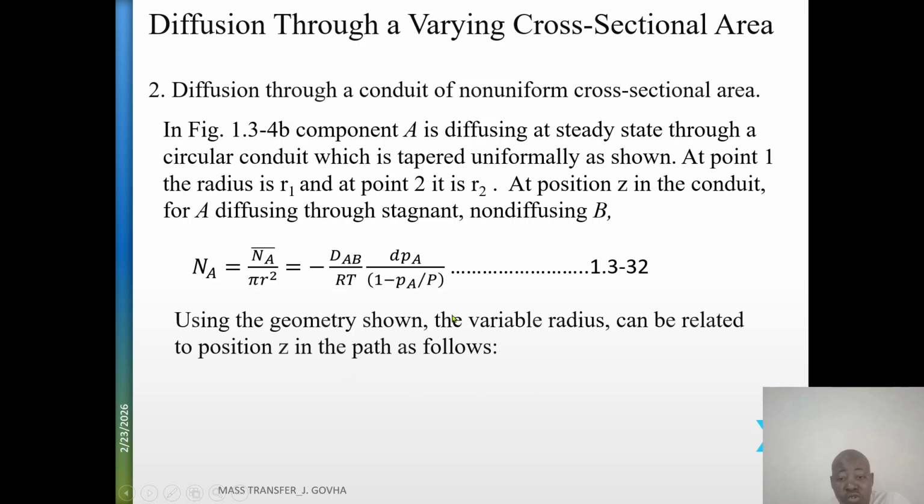Right. So using the geometry shown, the variable radius can be related to position z in the path as follows. So we have created a relationship between z and r as indicated.